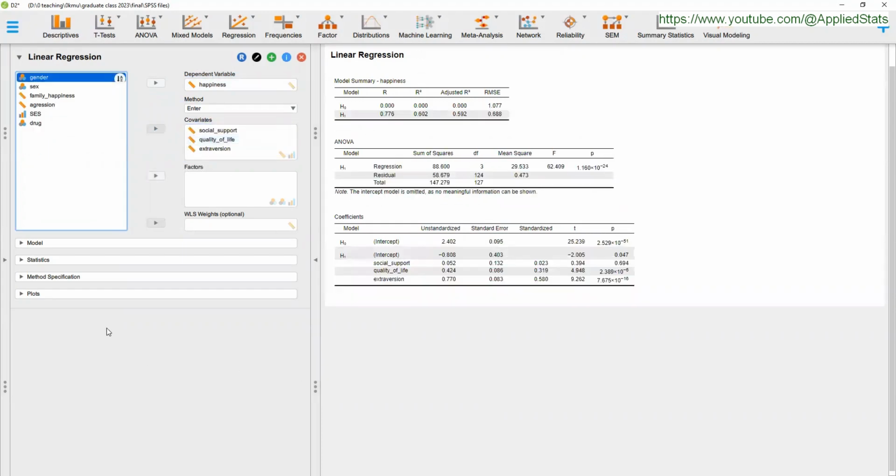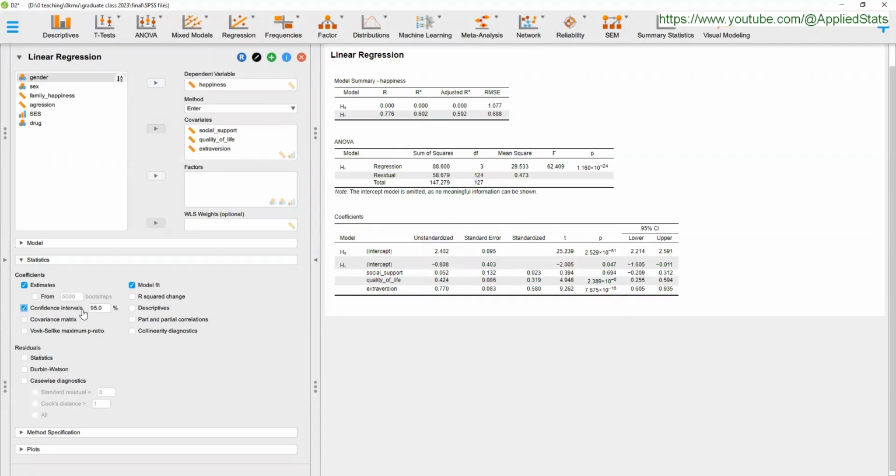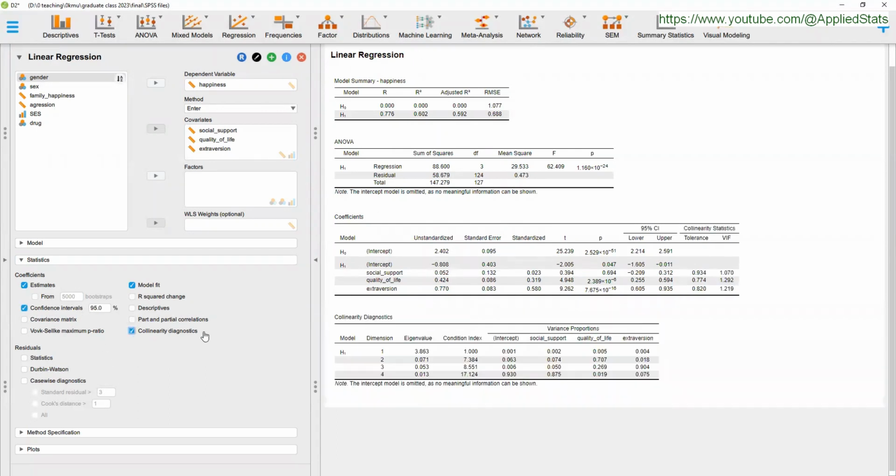And that's it. You can go to statistics and get confidence intervals and collinearity diagnostics again. And the results are pretty much the same as the SPSS results.